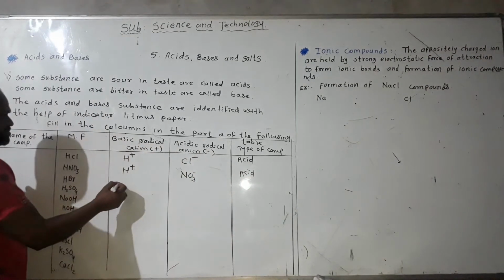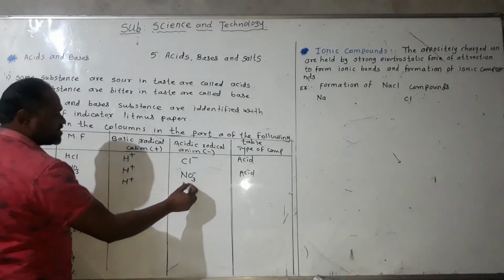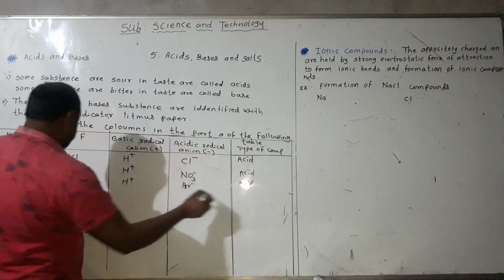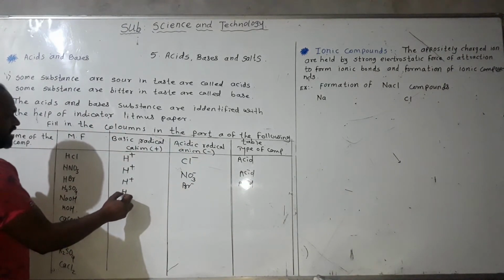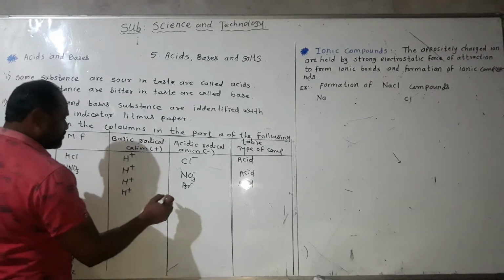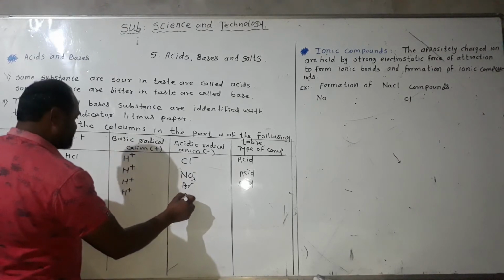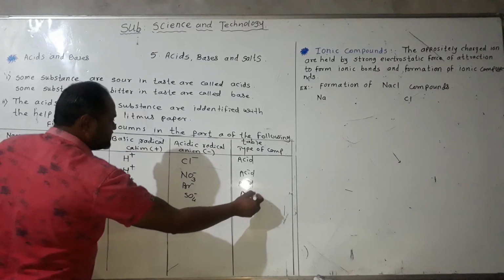Now HBr, hydrogen bromide, gives H plus and Br minus, a cation and anion; it is also a type of acid. Now H2SO4 is sulfuric acid, giving H plus ion and SO4 2 minus, and it is also an acid substance.